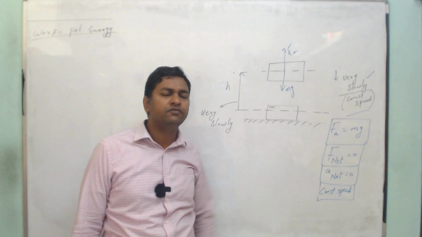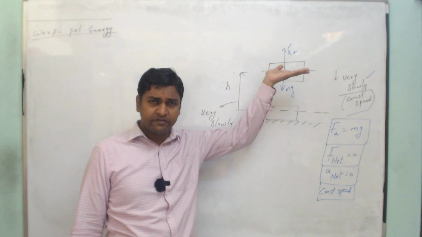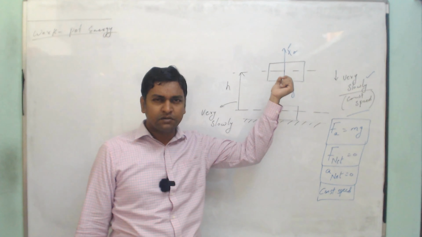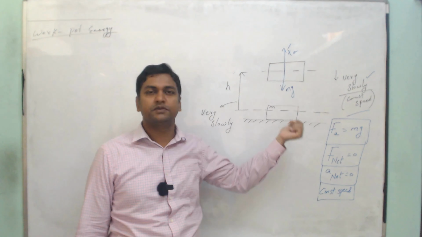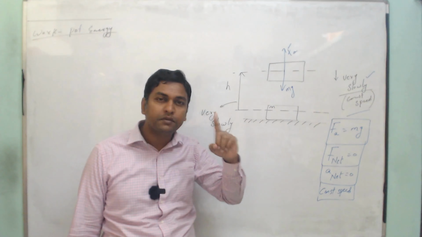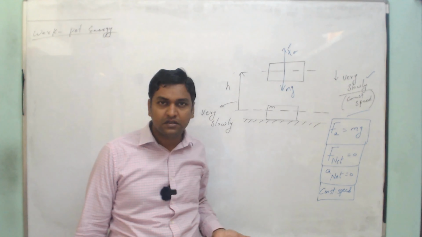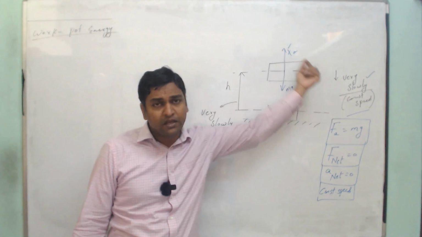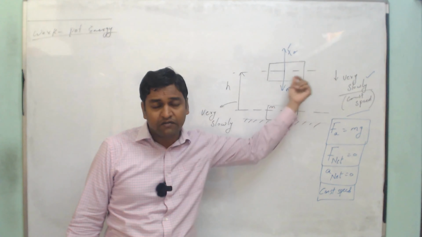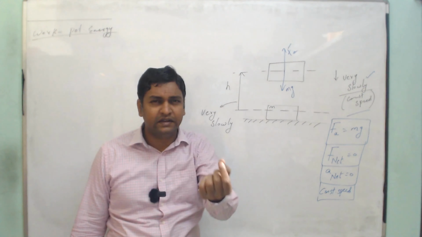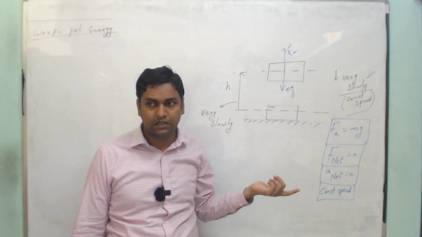So practically, initially I will apply less force compared to mg. Let it reach some 10 to the power minus 6 meters per second, 1 micrometer per second, and then I will make Fa equal to mg. But to make it 1 micrometer per second or 1 nanometer per second speed, I will require dt time initially.